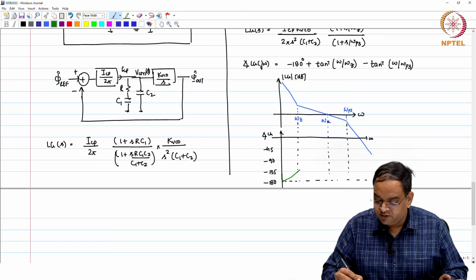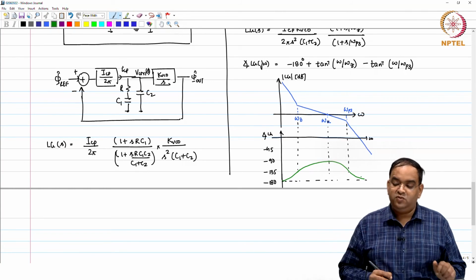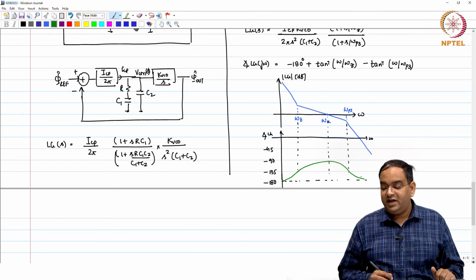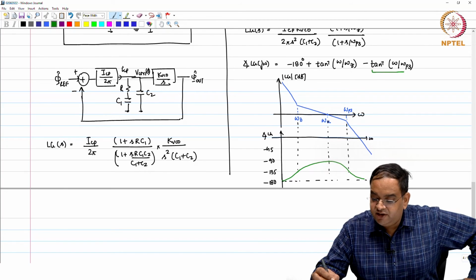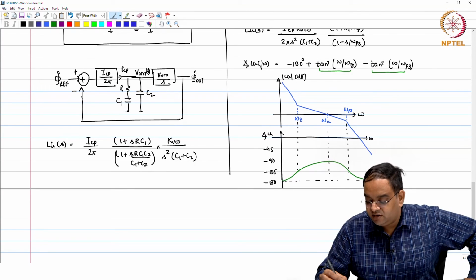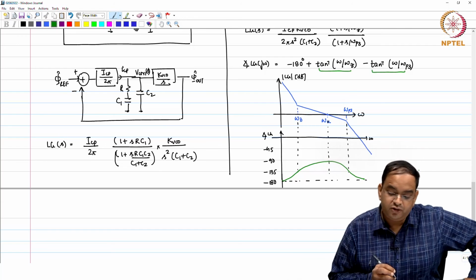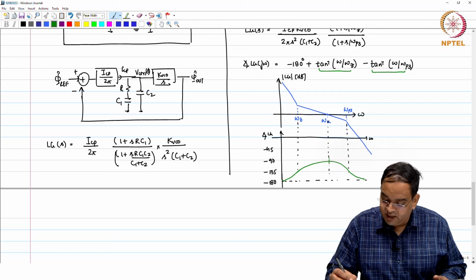If omega p3 comes much later, then it may reach close to minus 90, and when comes omega p3, it may again go to minus 135. And then finally, what you see here is that omega p3 is a pole. So, at maximum this can introduce 90 degree, this can introduce 90 degree, which cancels out. So, as frequency tends to infinity, you may go to 0. Okay. So, here the phase margin which you may calculate appears to be this.